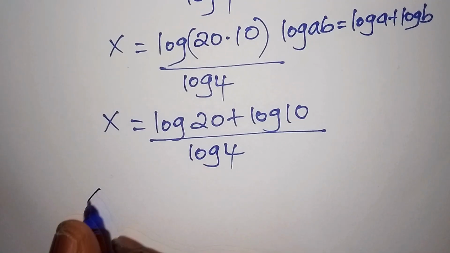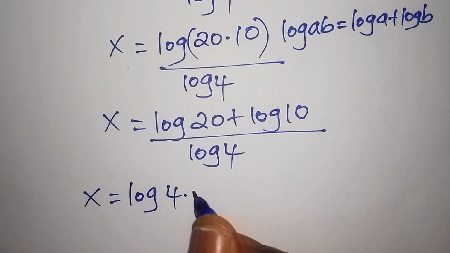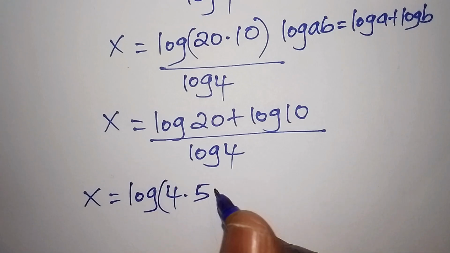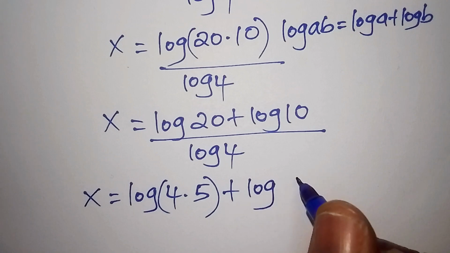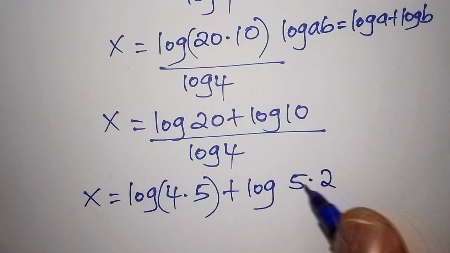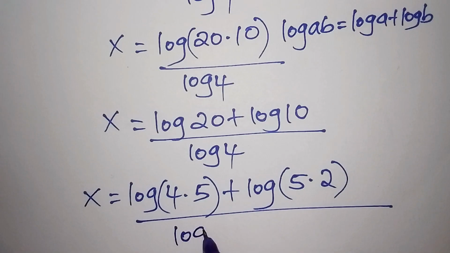So the value for x is equal to the log of 4 multiplied by 5, plus the log of 5 multiplied by 2, all of them divided by the log of 4.